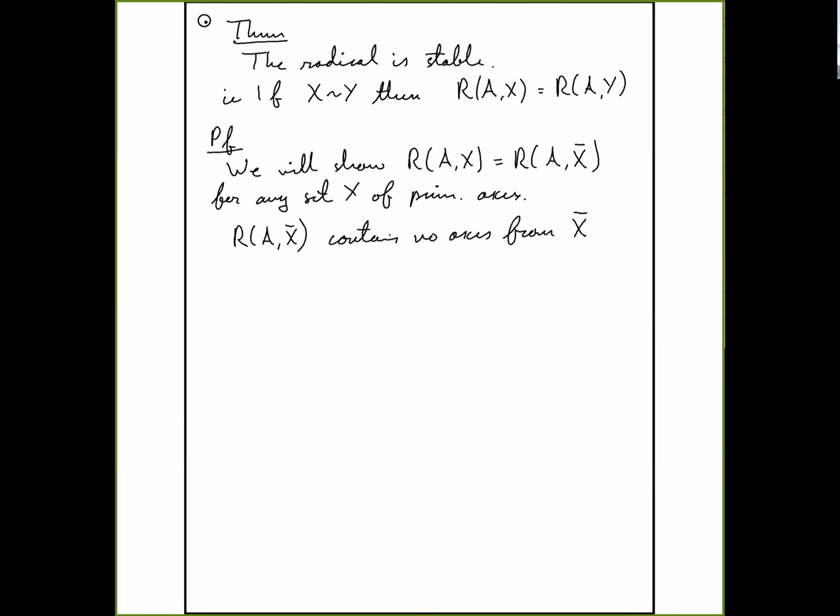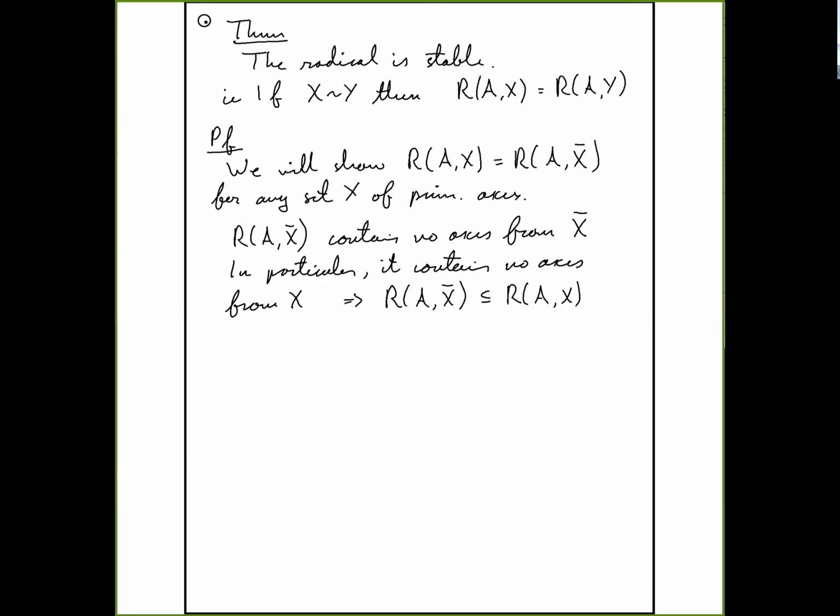So in particular, it also doesn't contain any axes from X. And this implies that this must be contained in the radical, the ideal which contains no axes from X. Okay, so we just need the other containment, and we use this result, I guess.